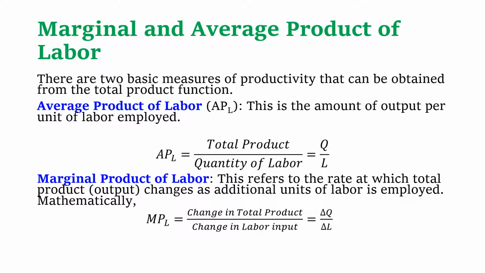That is, APL equals total product over quantity of labor, Q over L. Later in the lecture, we are going to look at how this measure is used.